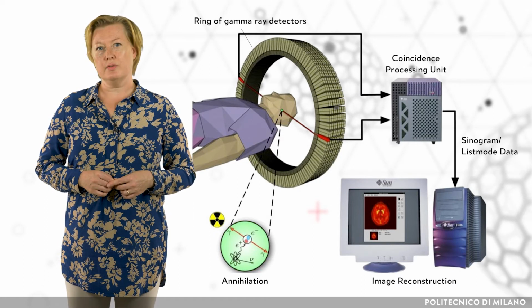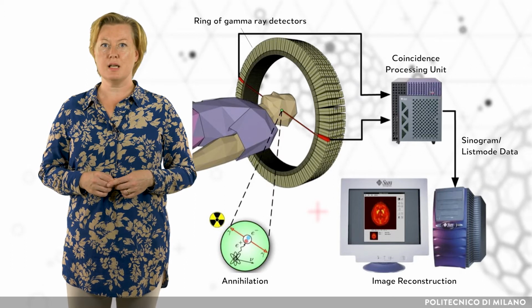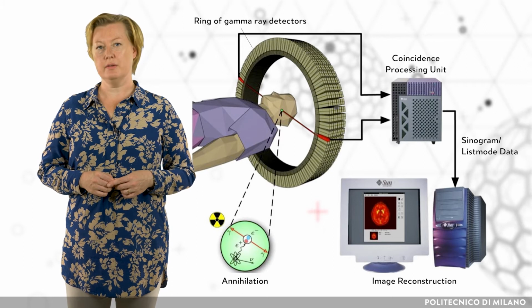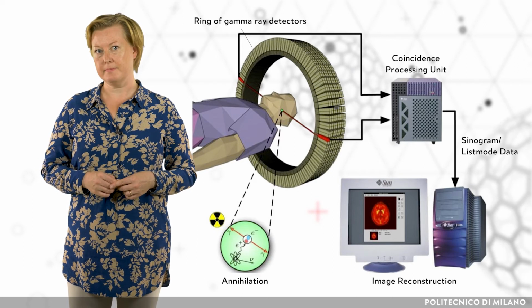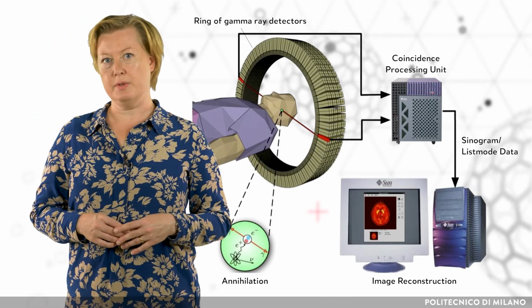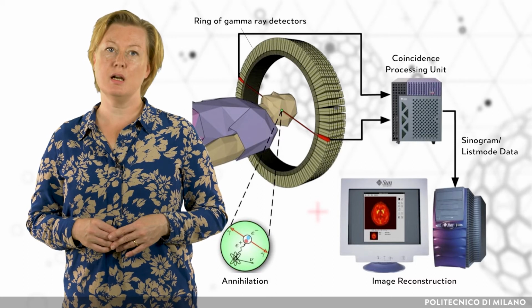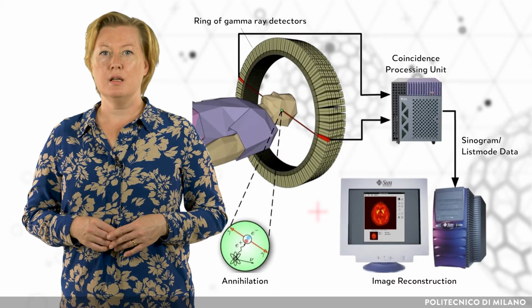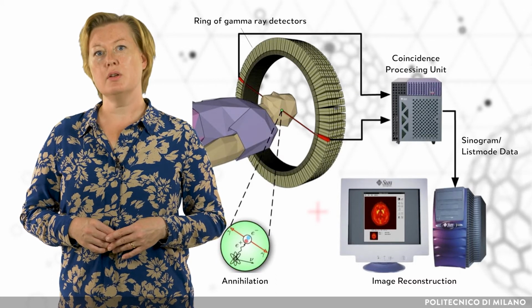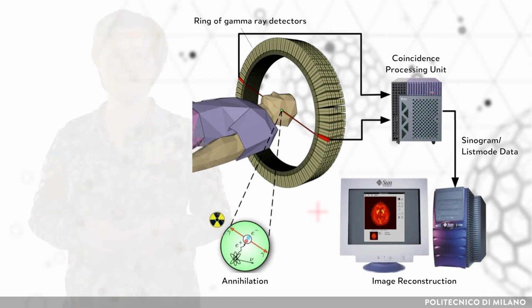The detection of these two gamma photons occurs within the coincidence acceptance window of 5 to 10 nanoseconds. Gamma photons detected outside of this window are considered as noise and rejected by algorithms. Using this information, the location of the radioisotope can be determined.